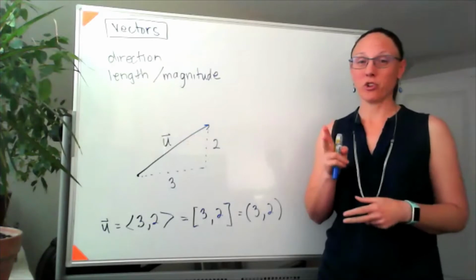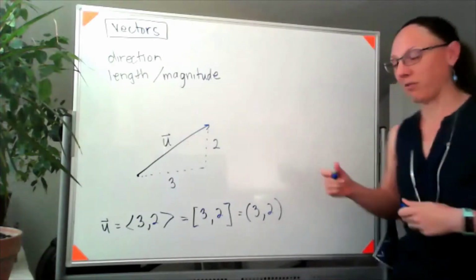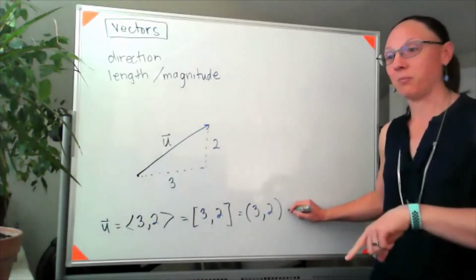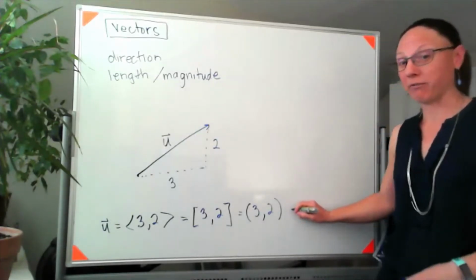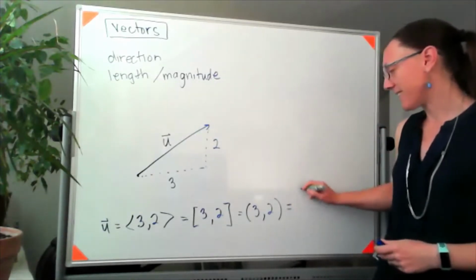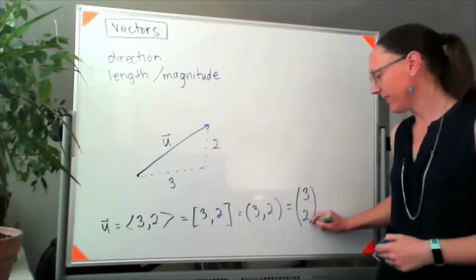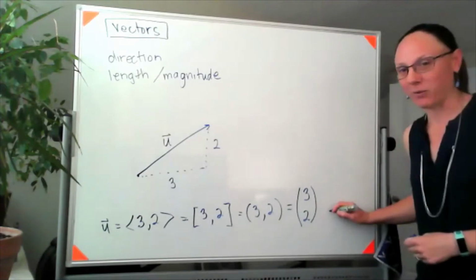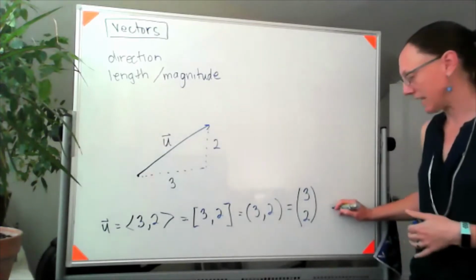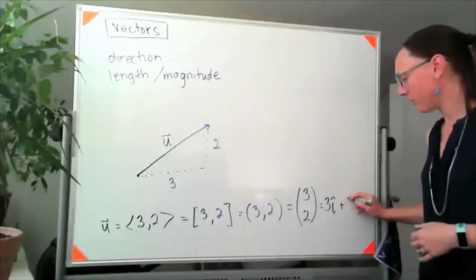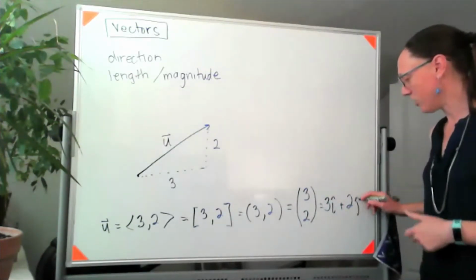But I do want to show you two other notations that we often use for vectors. One is going to be helpful for us when we get into section 8.4, and that's to stack the numbers vertically. And my last notation is one that we sometimes see in physics, and this would be 3i plus 2j.